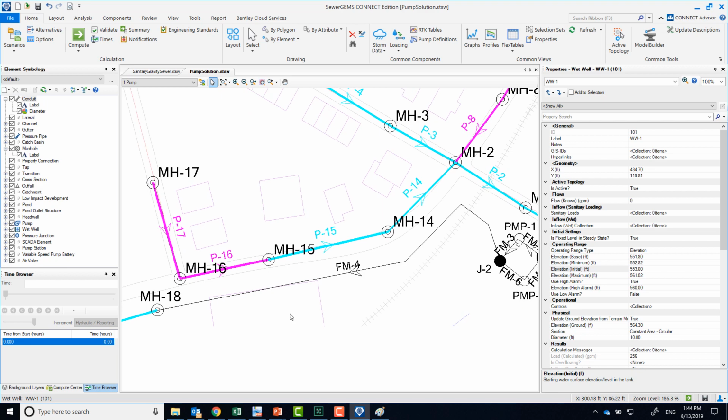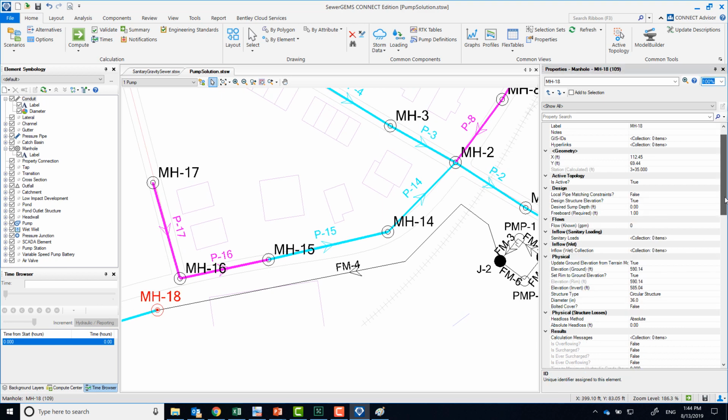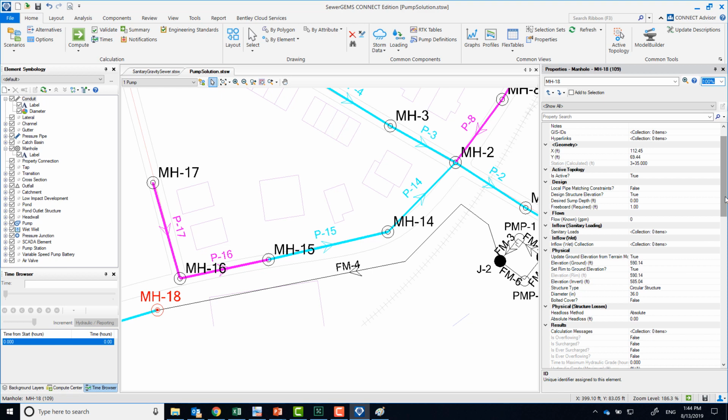And it has to bring it all the way up to 585 feet. Okay, so somebody can do the math, and I think that's about 32 feet, right? So that's the static lift. So right there, 32 feet in elevation difference.